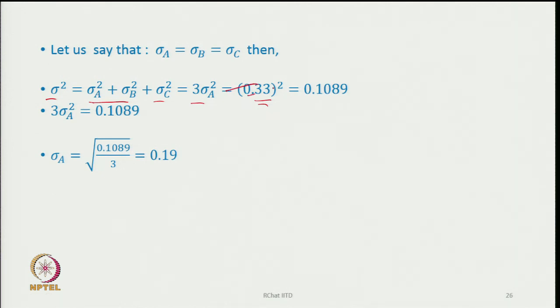Sigma square we have found out to be already 0.1089.